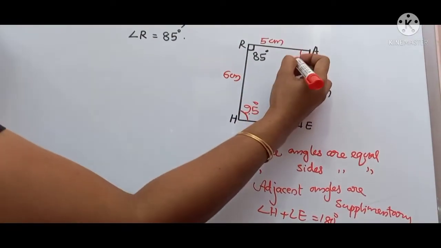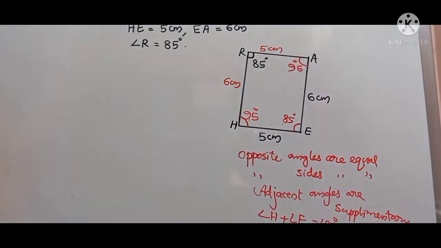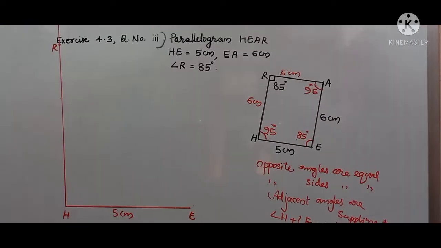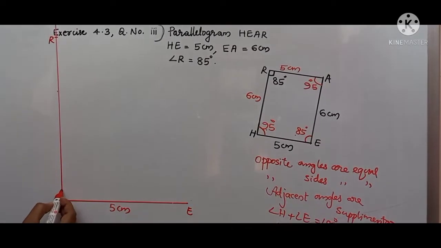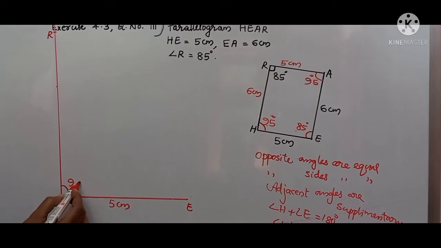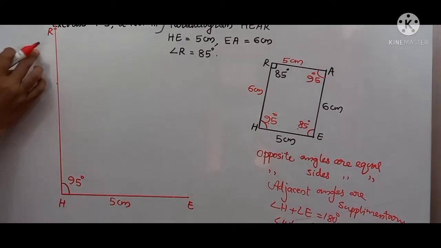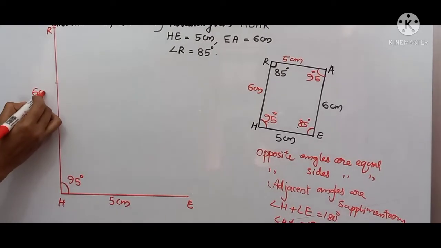Here also 95 degree. Now we have to draw HE with 5 centimeter and angle H 95 degree. Next we write this angle here 95 degree, and here HR is equal to 6 centimeter.